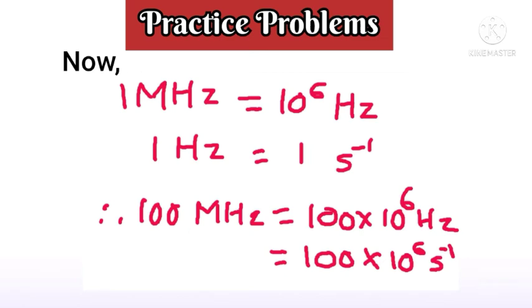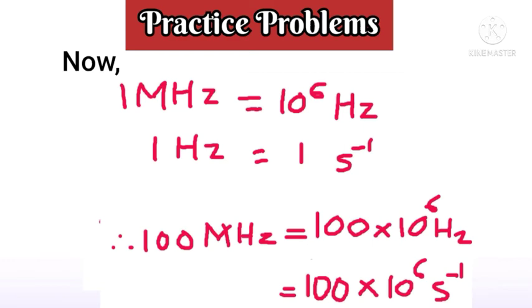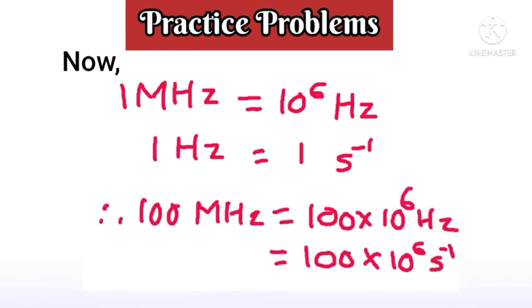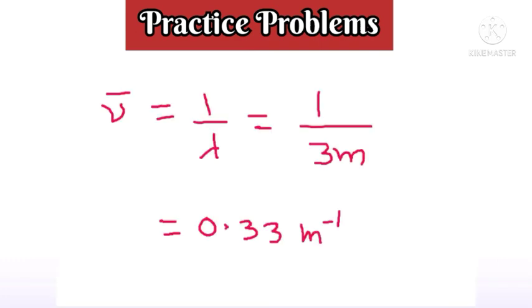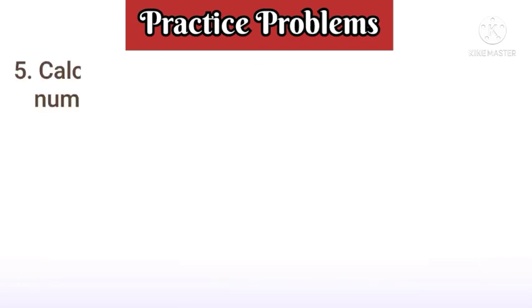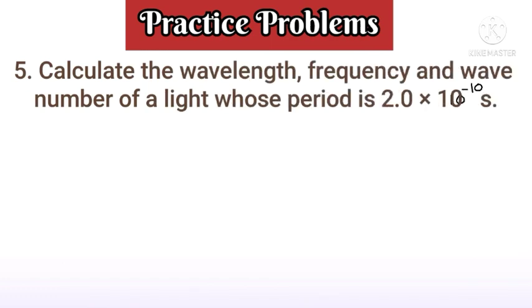That means 100 megahertz is equal to 100 × 10^6 hertz, and it is also equal to 100 × 10^6 per second. Okay, and on putting the values, we get the wavelength to be 3 meters. And wave number nu bar is equal to 1 by lambda, so it is 1 by 3 meters, that is 0.33 per meter.